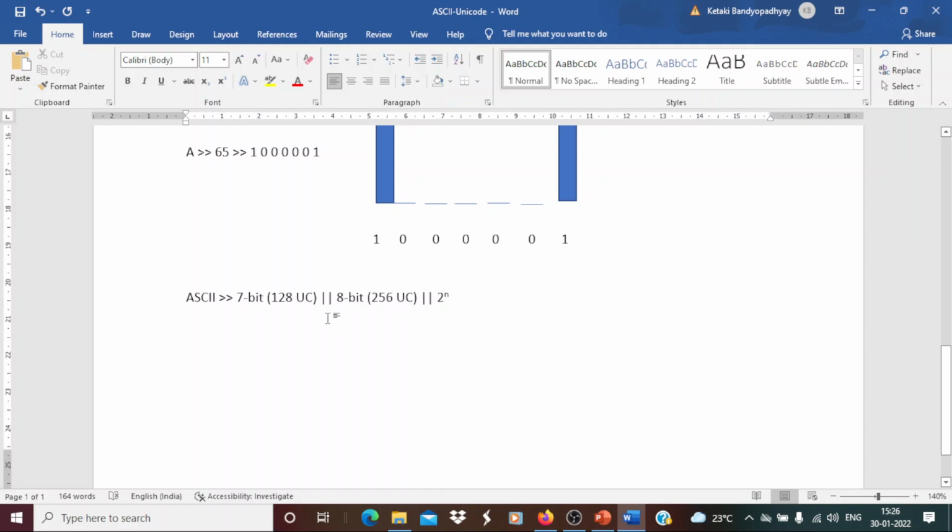And this ASCII standard is heavily biased towards Roman script, particularly the Latin character set, and 256 unique characters cannot accommodate all the scripts of the world.